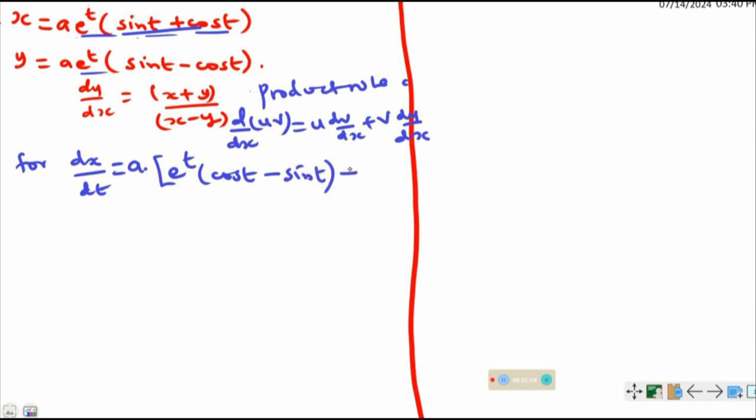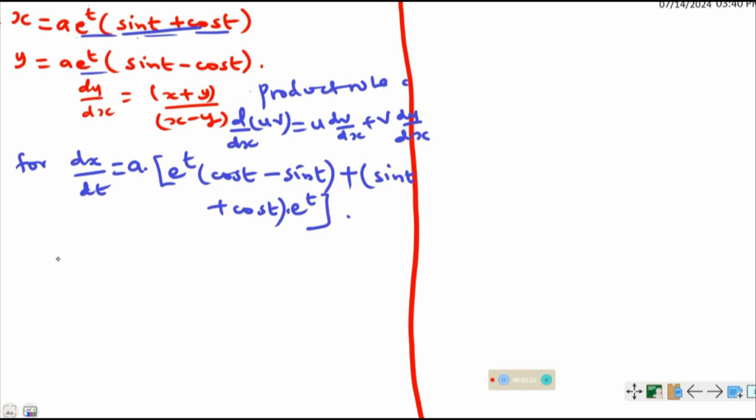When you differentiate cos of t, you get negative sine of t. Then we shall add. Next, we shall maintain sine t plus cos of t, then we shall differentiate e to power t. When you differentiate e to power t, it remains e to power t.